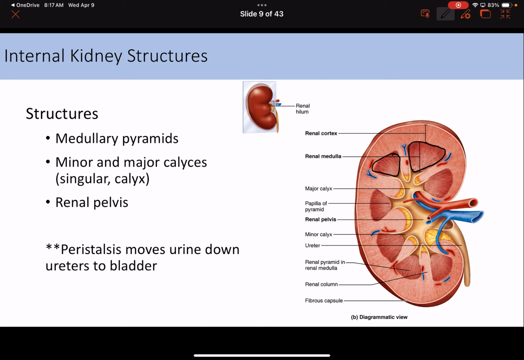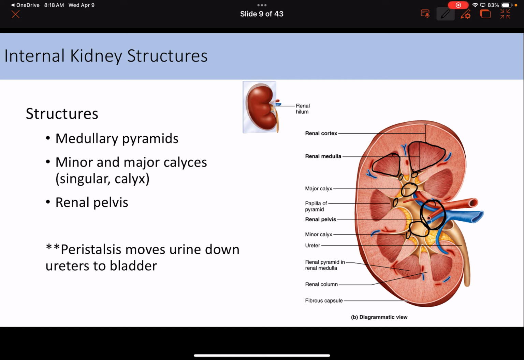And so how it works is once we make urine, it's going to travel from these minor calyces, these small tubes, and lead into major calyces, which are larger areas. And then those major calyces are going to lead into the renal pelvis, which is this area where all of that urine comes together.